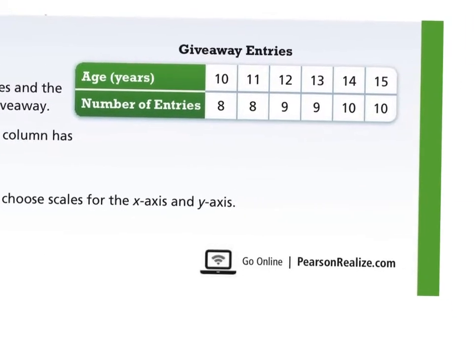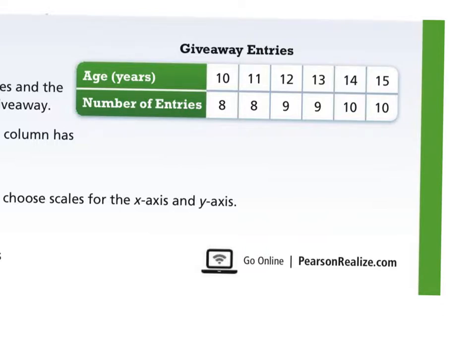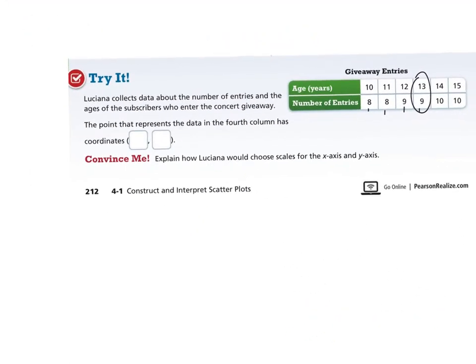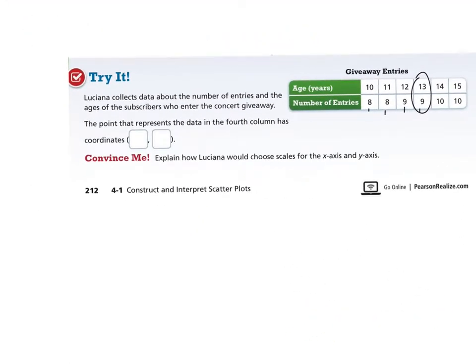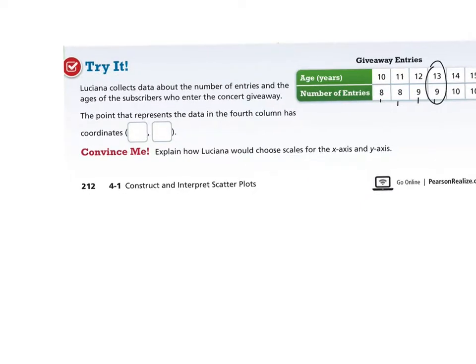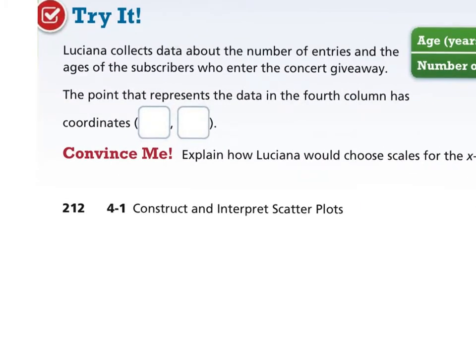So columns go up and down, so we'll just say this is the first column, second column, third column, fourth column. So fourth column, and they don't necessarily tell us, but usually the X will be on the top or on the left on a table. So we'll just call that the point 13.9.